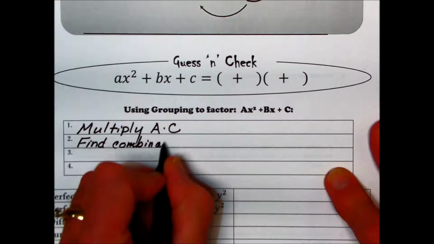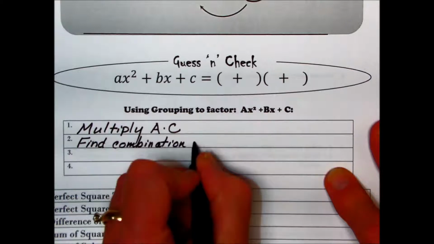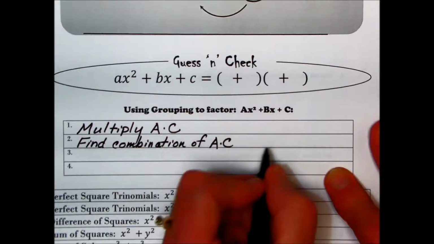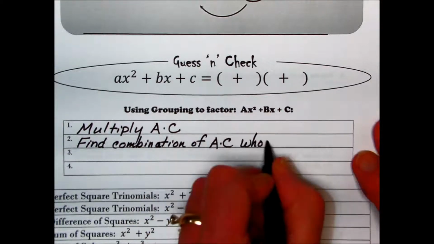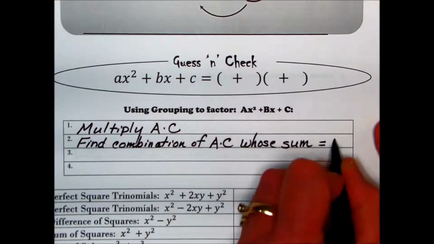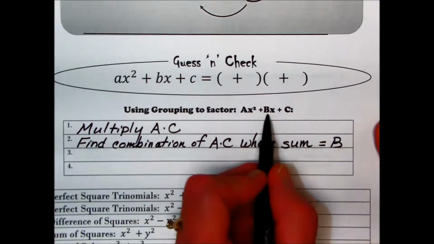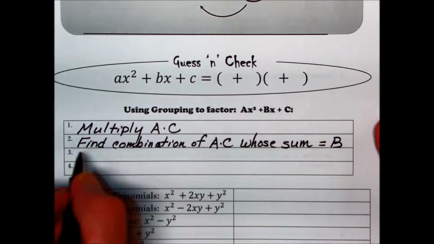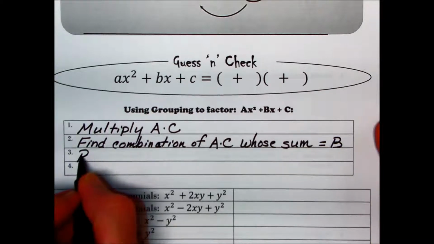The second step is to find a combination of factors that multiply to give you ac whose sum equals b, the coefficient of your linear term.